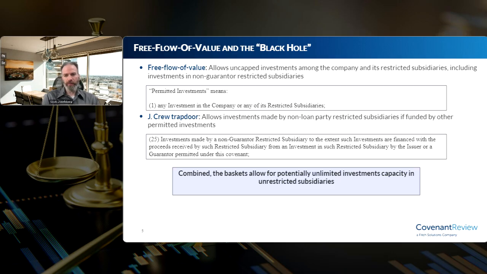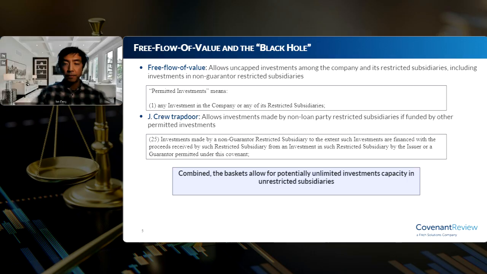They're subsidiaries of the company all the same. The only difference is unrestricted subsidiaries are not subject to the covenants and restricted subsidiaries are. If you have a non-guarantor restricted sub, like Ian was saying, you can functionally accomplish the same thing.